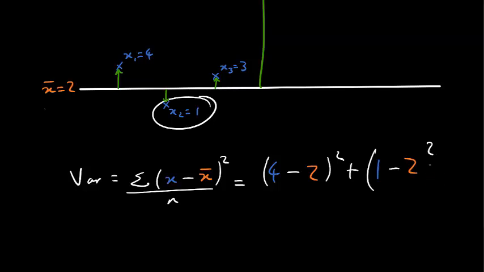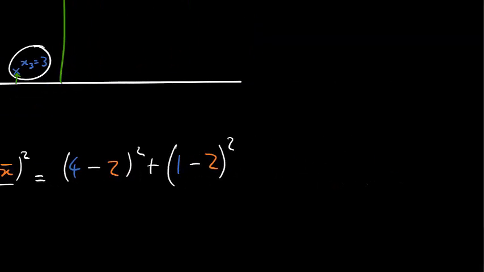And then if I do the third one as well, my third one is 3, so unfortunately it's running off the screen, so I'm just going to have to move over. There we go. Plus 3 minus my mean, which is 2, and I'm squaring it.